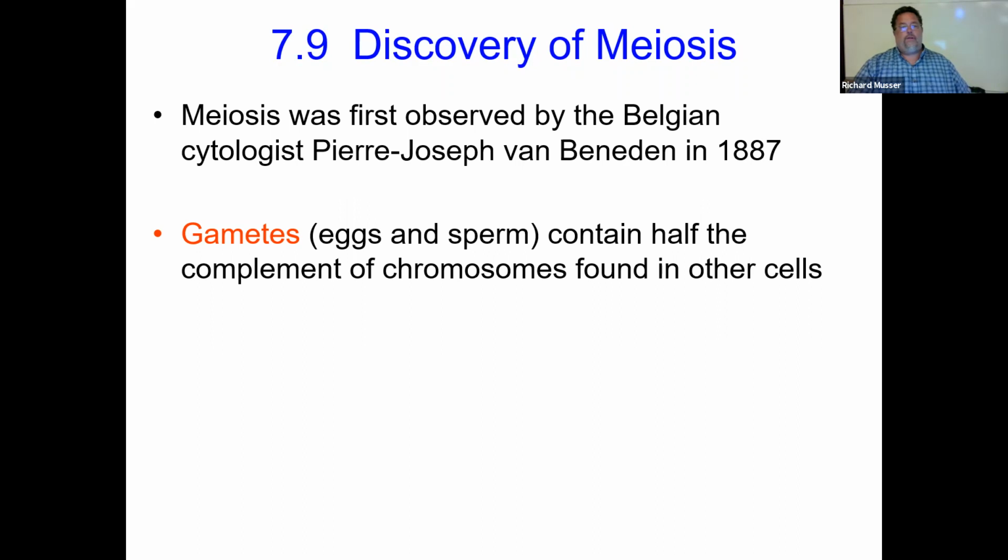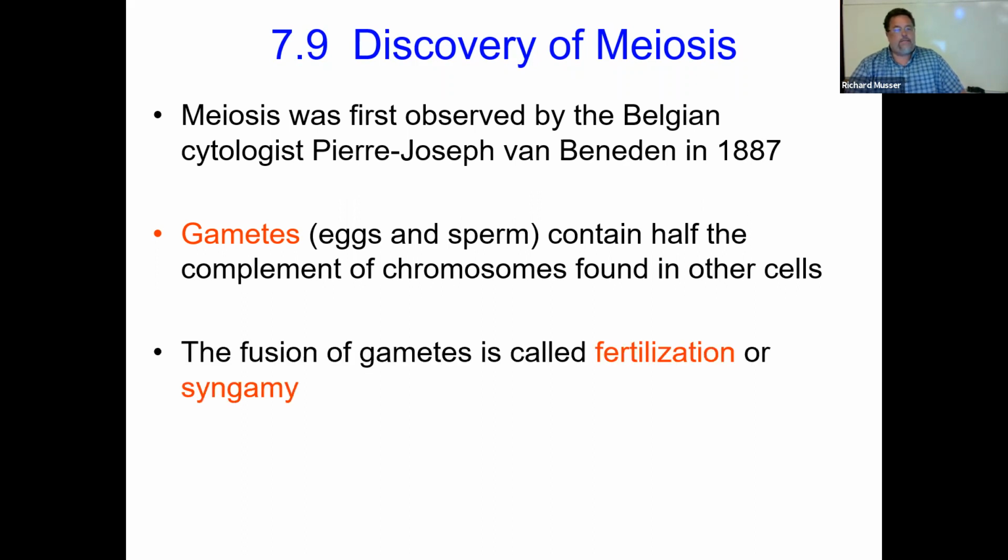Meiosis was first observed in Belgium by a cytologist, which is a type of cell biologist, Pierre Joseph van Beneden, in 1887. So he was one of the first people to really see meiosis, or at least describe it. And again, what meiosis is all about is forming new gametes, where ultimately you have half the complement of chromosomes.